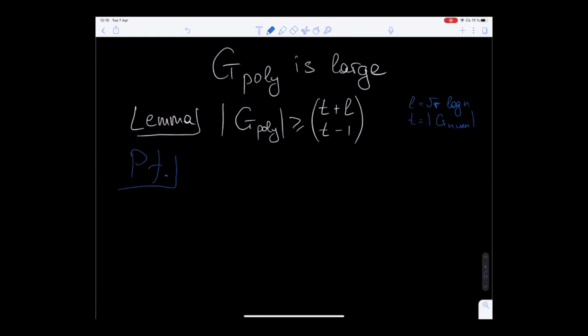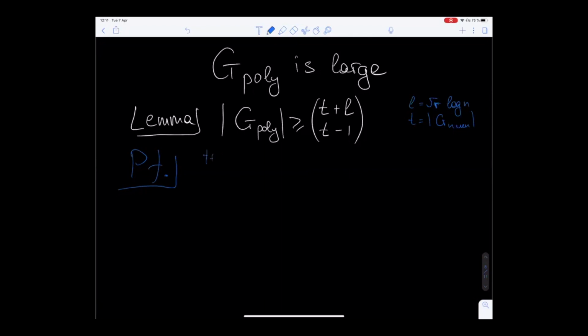You basically say that a polynomial of degree d can have at most d roots. If a certain polynomial has d plus 1 zeros, then it's 0. This is the proof for both upper and lower bound.